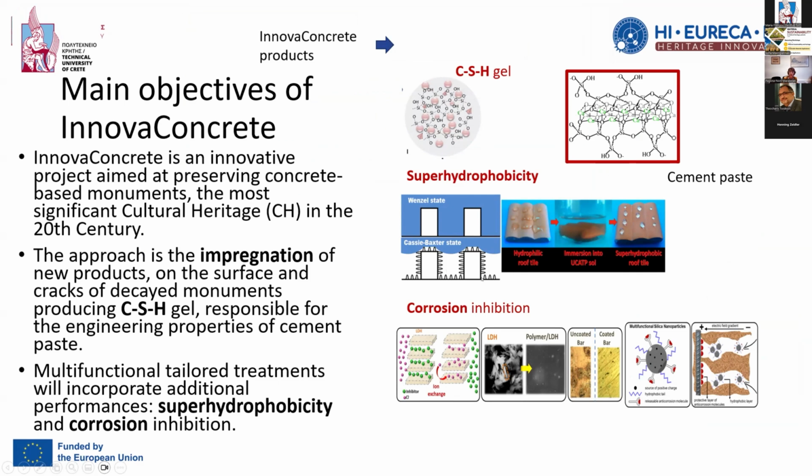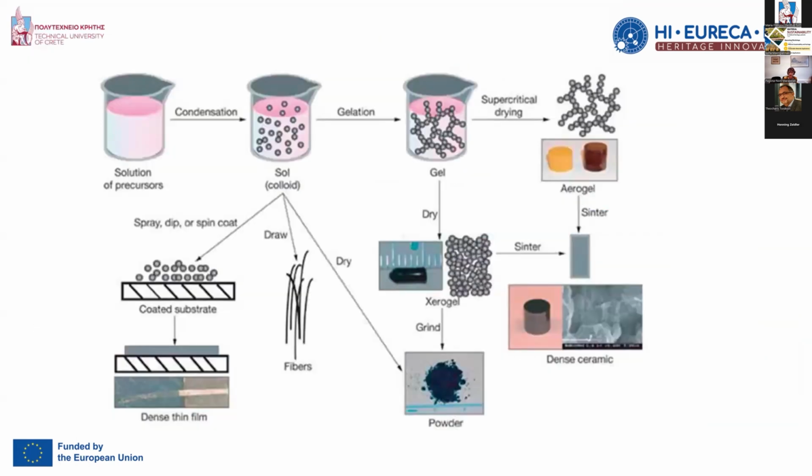You may see here that when they applied on the surface could produce this super hydrophobic effect, and of course how to combine this hydrophobicity with the corrosion inhibition, because a major problem and a major issue when dealing with reinforced concrete is to be able to protect the steel bars that are inside this concrete, and it would be a beneficial effect to have a product that could combine both the hydrophobicity and the corrosion inhibition.